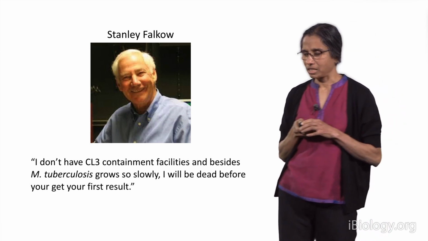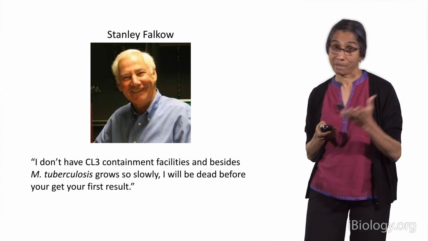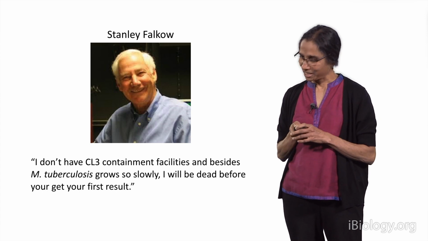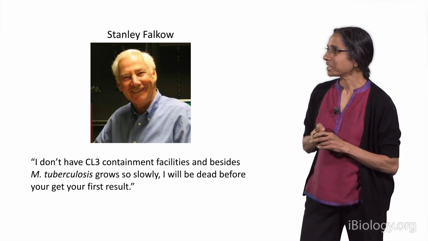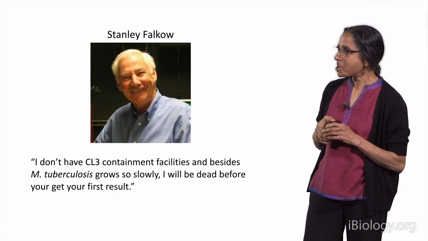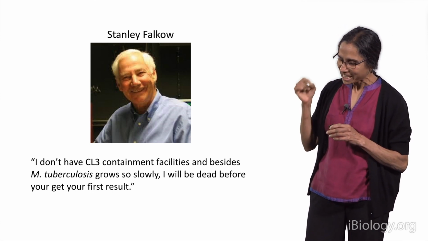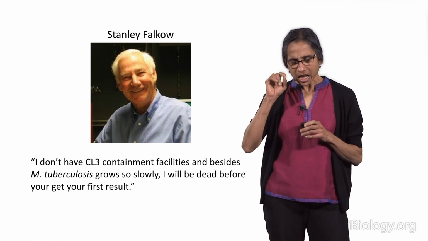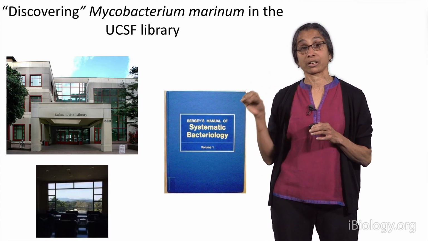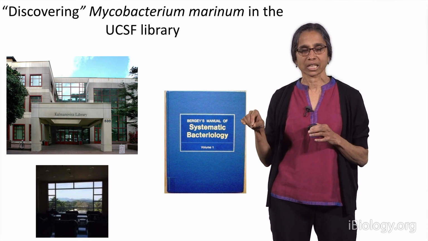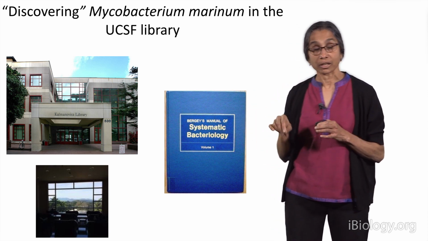And that was in 1991, and I'm happy to say he's still alive and quite well. So what he told me gave me an insight. He said, look, there are other species of Mycobacteria that are natural pathogens of other animals.